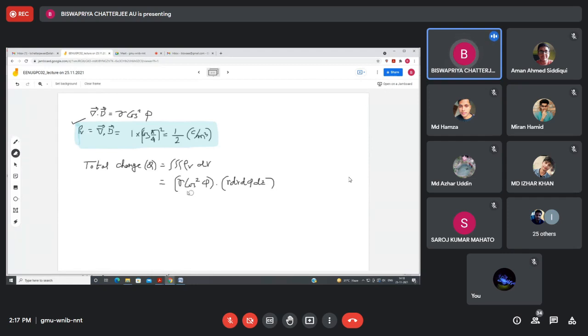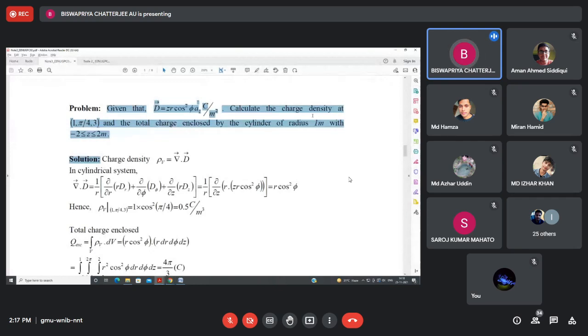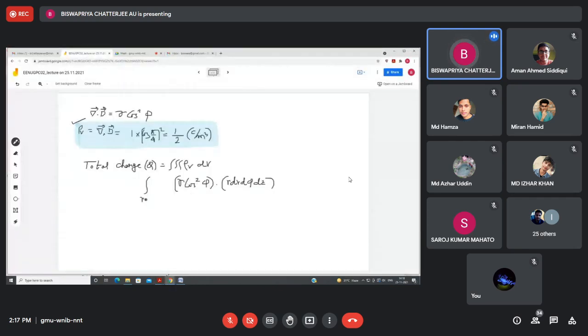So now you need to insert your limits. The range is a cylinder of radius 1 meter, so r must be from 0 to 1. Then phi goes from 0 to 2 pi, and z goes from -2 to +2.